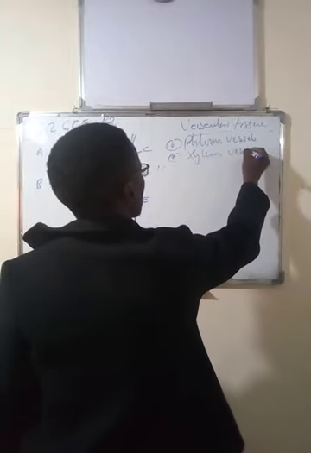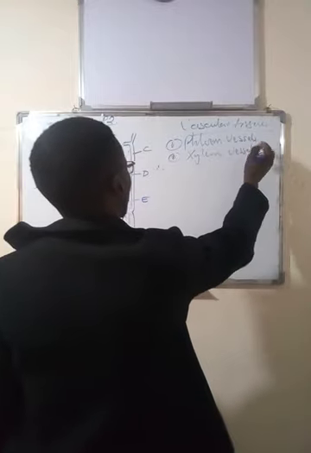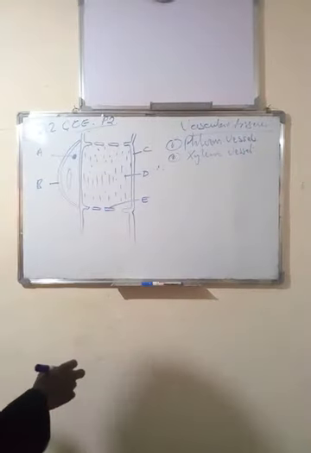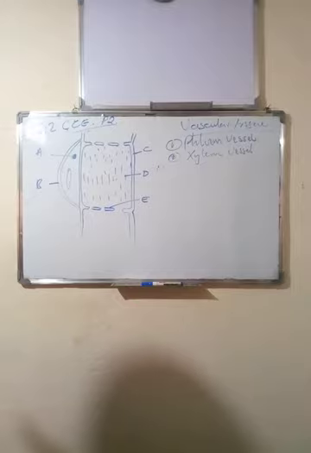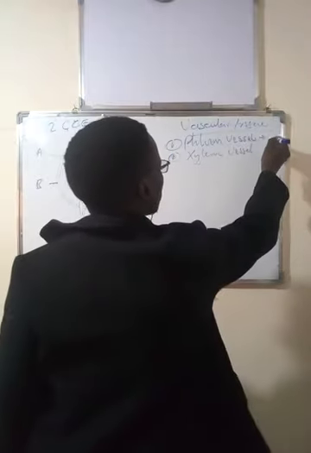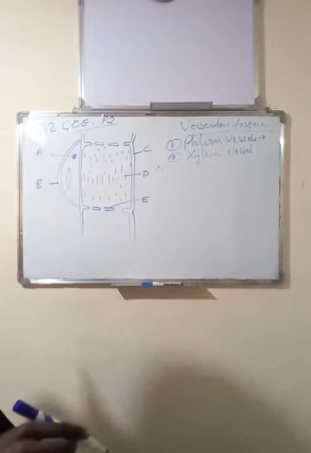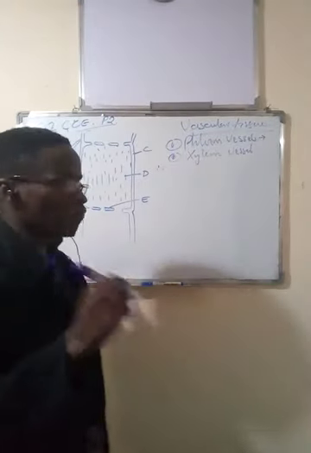The xylem vessel. So those are the two important vessels that we talk about. Of course, when you talk about phloem, here we're talking about the vessel that transports what? Manufactured food. Okay.